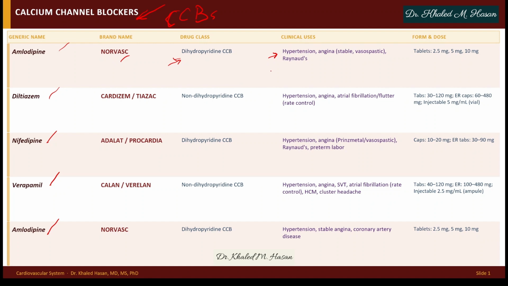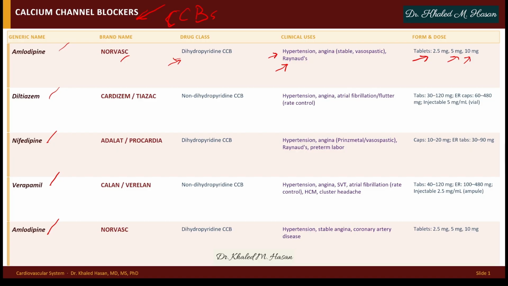Amlodipine is considered to enhance peripheral vasodilation. Therefore, we use amlodipine for Raynaud's disease, which is a vasoconstriction of peripheral blood vessels in the hand and feet. Amlodipine is available as tablet at 2.5 milligram, 5 milligram, and 10 milligram.